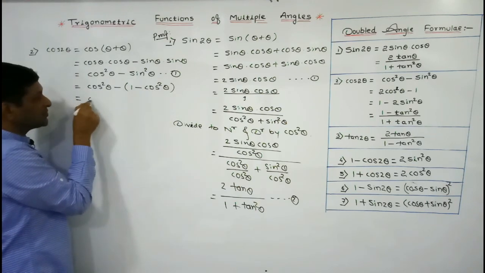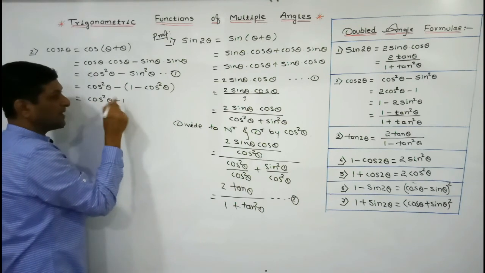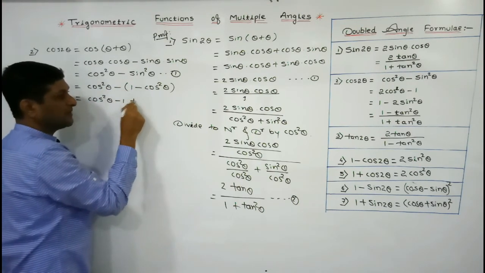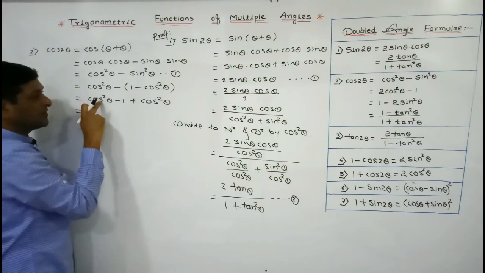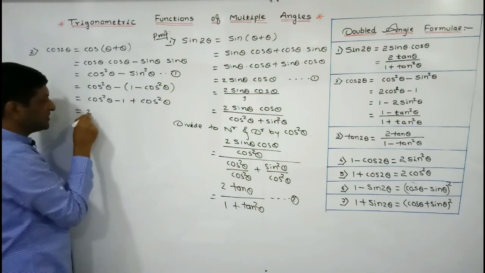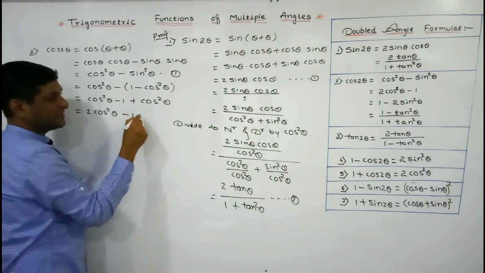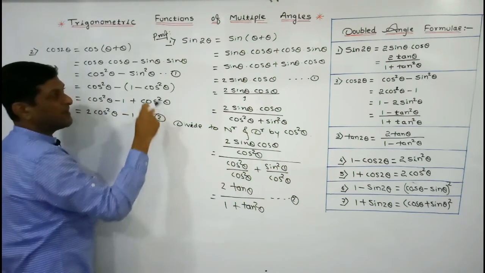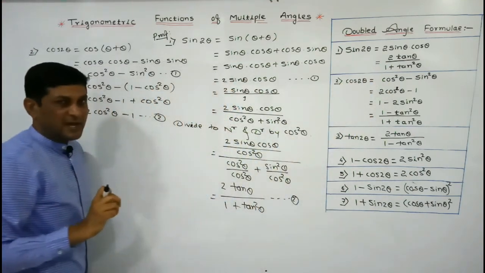So simplified, cos square theta, keep it as it is, minus into 1 will be equal to minus 1, and minus into minus will become plus cos square theta. So cos square theta plus cos square theta is equal to twice cos square theta. Keep this minus 1 as it is. Check that, is it our second required value? So in this way we have got our second required value 2 cos square theta minus 1.